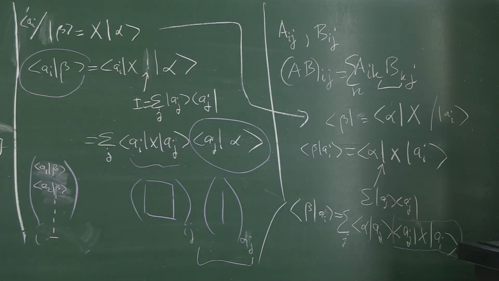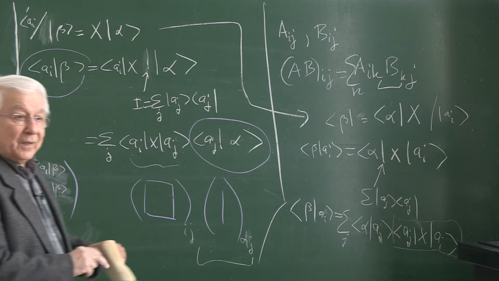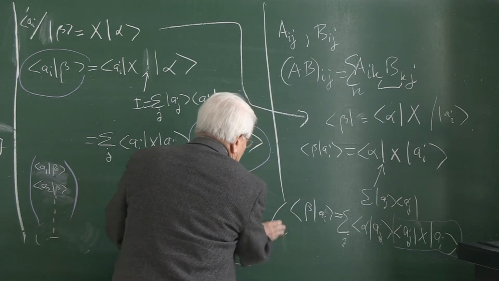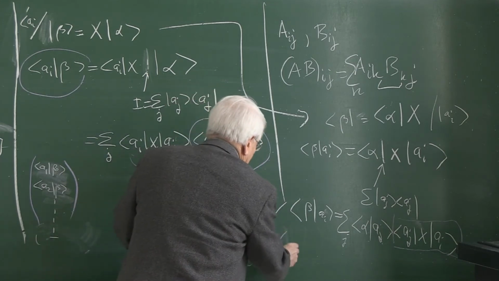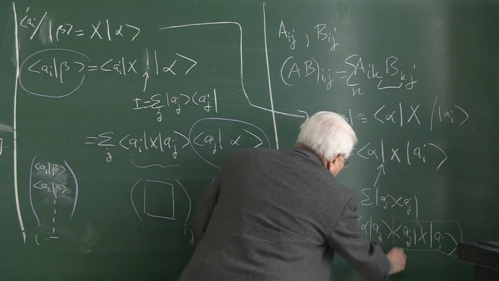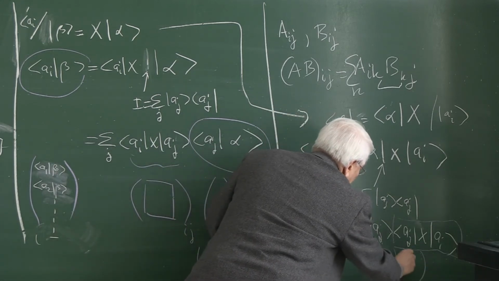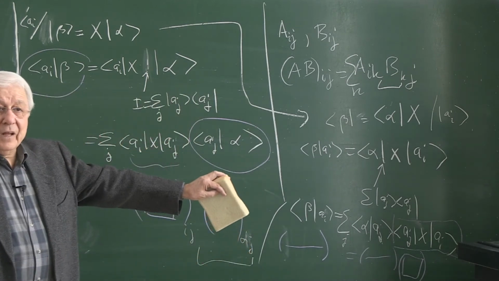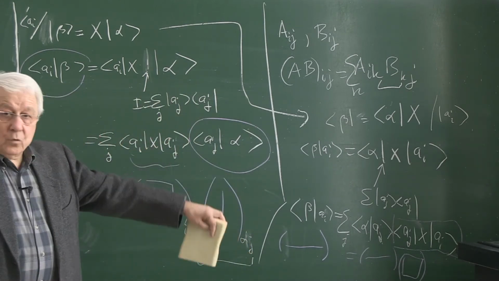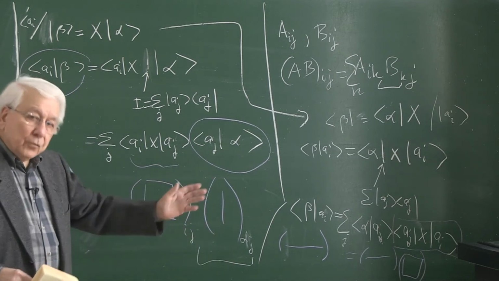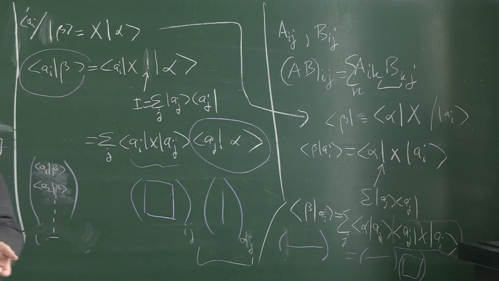It doesn't obey the matrix multiplication rule. Obviously, in order to obey it, I have to represent this with a row and a square. A row from the left acting on the square gives you a row, so a row is equal to a row. So it's a legal description.